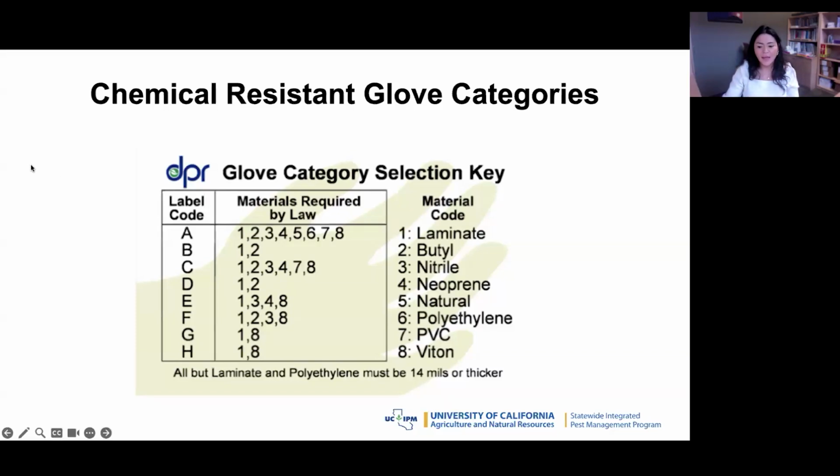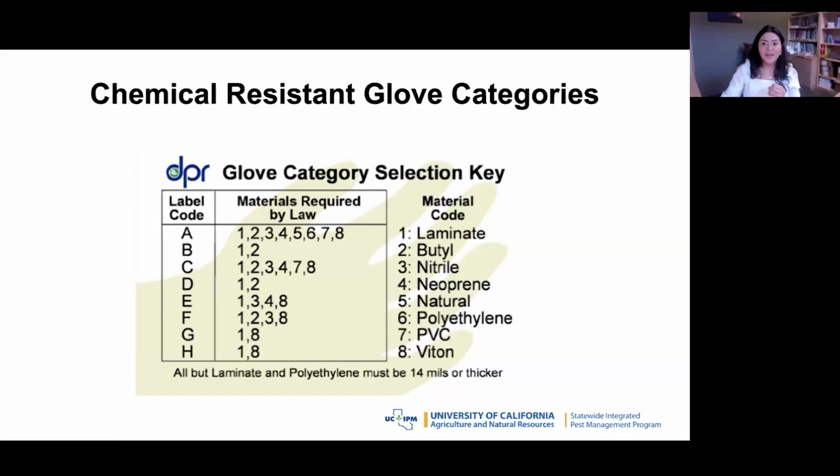For label code A, it's going to be all of the materials listed on this side, right? So laminate, butyl, nitrile, neoprene, natural, polyethylene, PVC, and Viton. Natural does not stand for natural like cotton or leather. It stands for natural rubber.